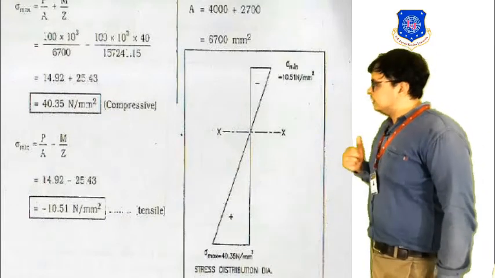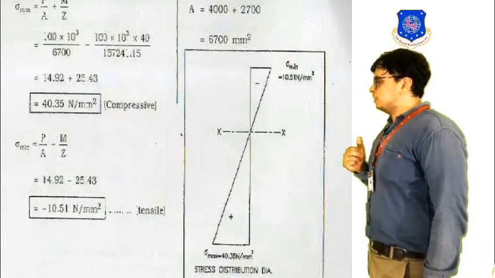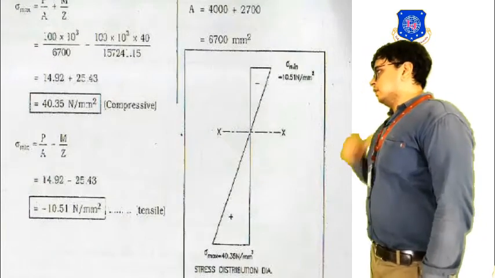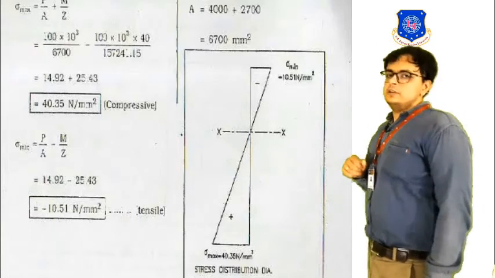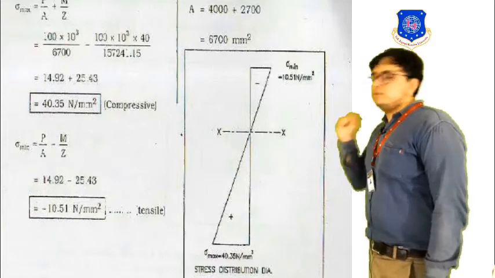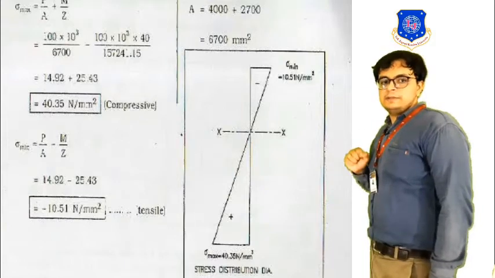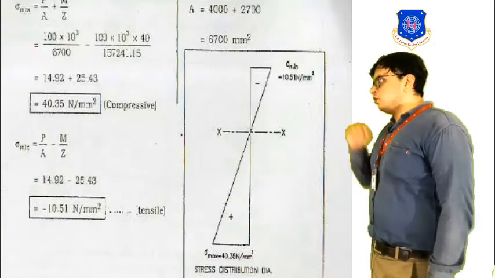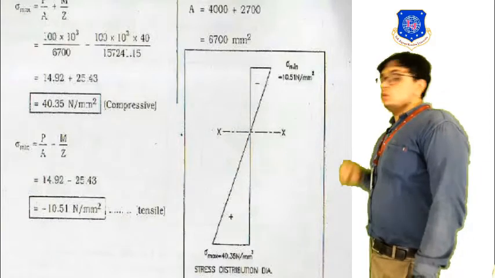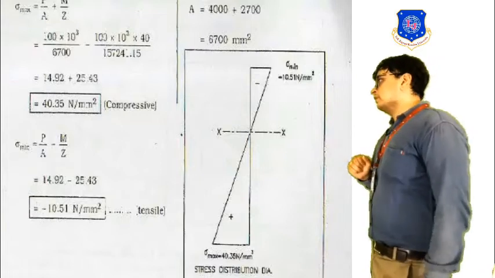So the load is 100 kilonewton, means 100 into 10 raised to 3 Newton, into the lever arm. The lever arm over here will be 40 mm. So here the moment will be equal to 4 into 10 raised to 6 Newton millimeter.